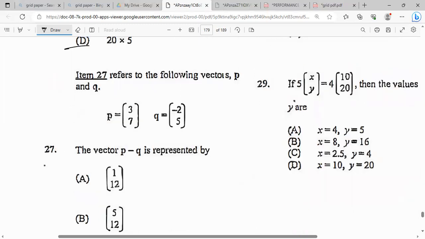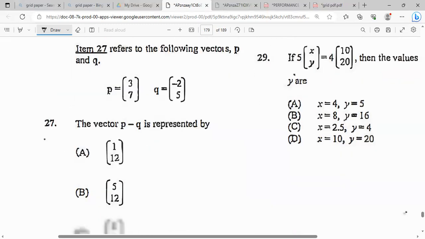All right, item 27 refers to the following vectors. P is equal to 3, 7, Q is equal to negative 2, 5. The vector P minus Q is, all right, so first we write back P because it's in the same order, minus negative 2, 5.